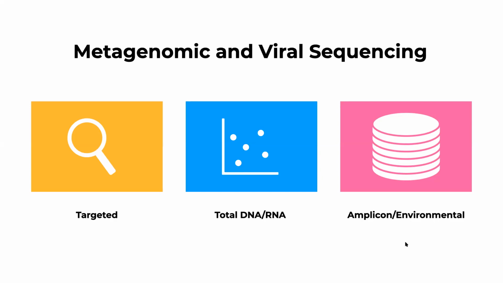So those genes are being expressed inside the host cell. If we do total DNA or total RNA, we don't deplete anything from what is in the sample itself. We are going to get all kinds of genomic sequences, and some of them might be from viruses or bacteria. So those are the three types of metagenomic and viral sequencing.